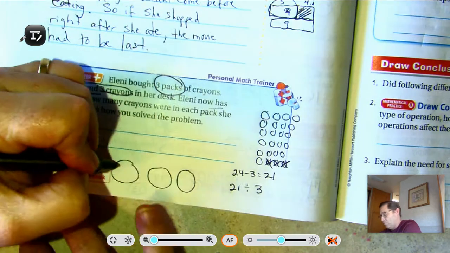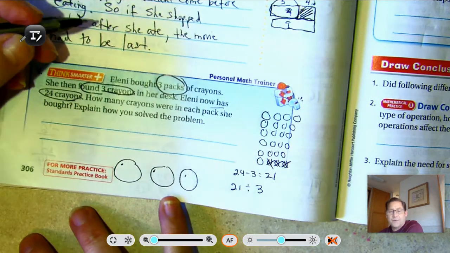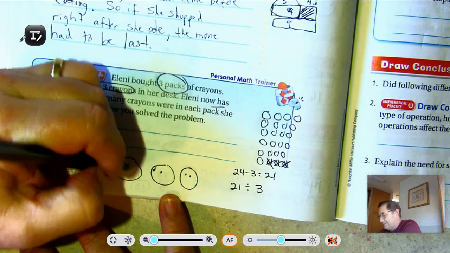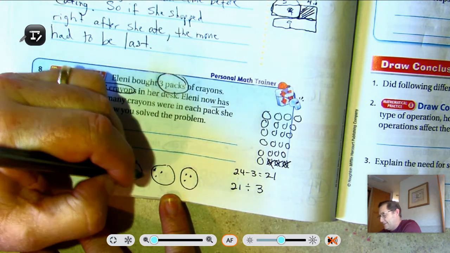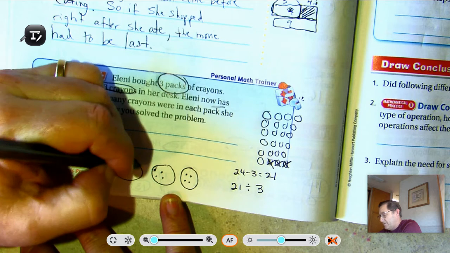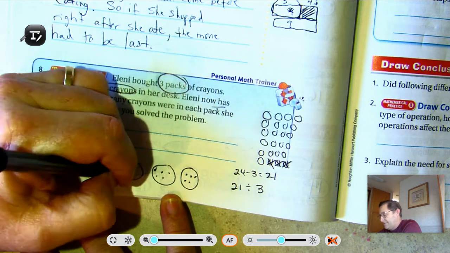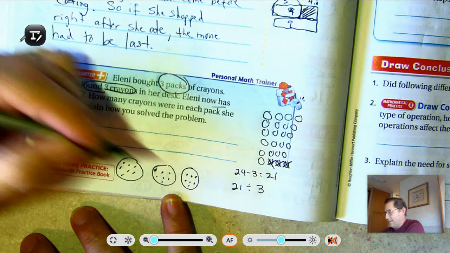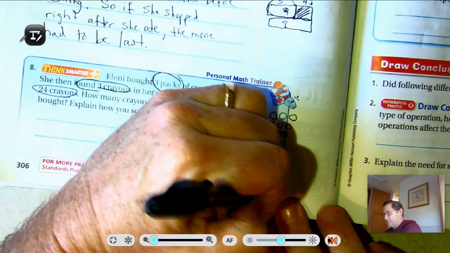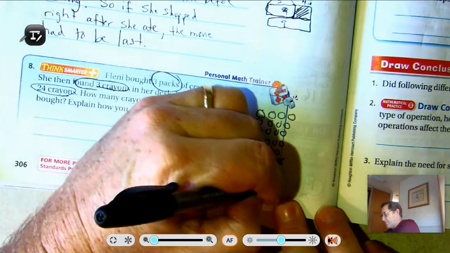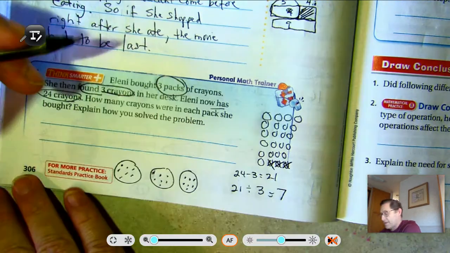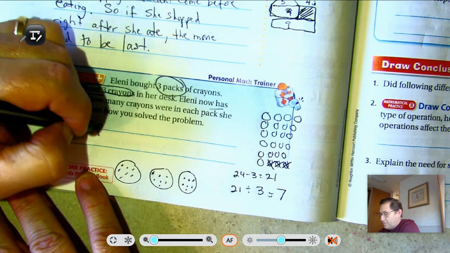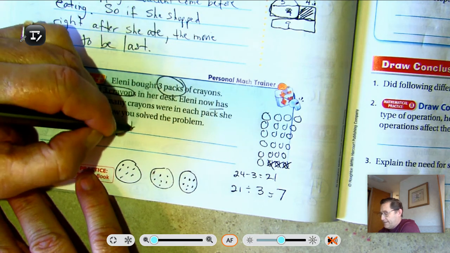Okay, so 1 crayon in each pack until we get to 21. So she bought 3 packs of 7. So 7 crayons per pack.